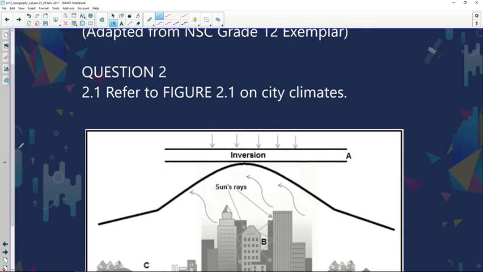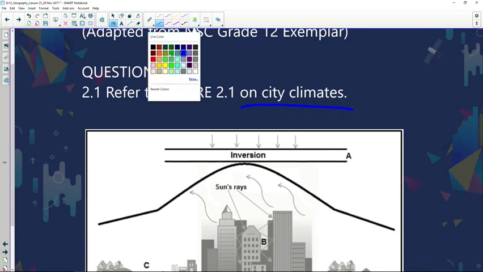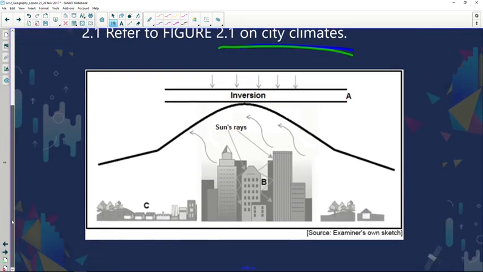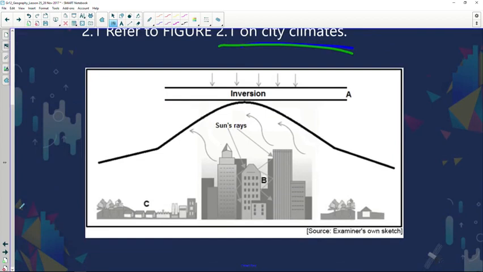Now, question number 2 referred to city climates. When we look at city climates, we look at urban heat islands and pollution domes. As you can see over here, we have a CBD situated over there, our residential areas over there.